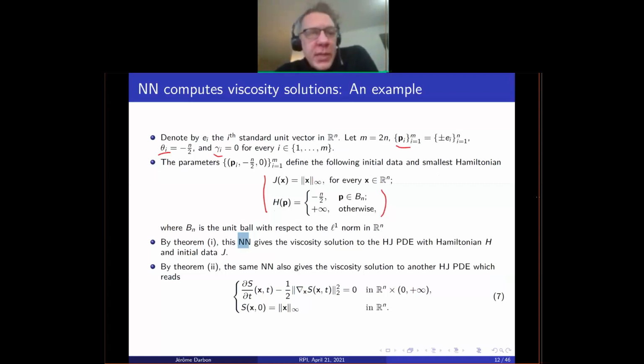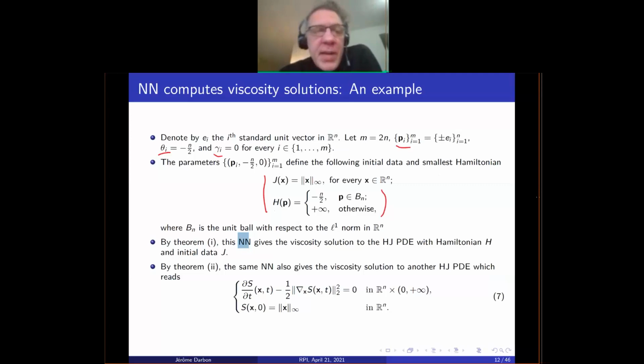Then we can invoke the theorem and claim that the neural network with those parameters is actually the viscosity solution with the Hamiltonian H given here and J here.